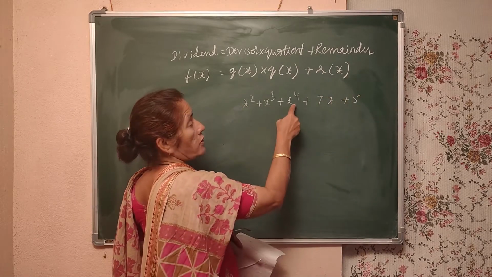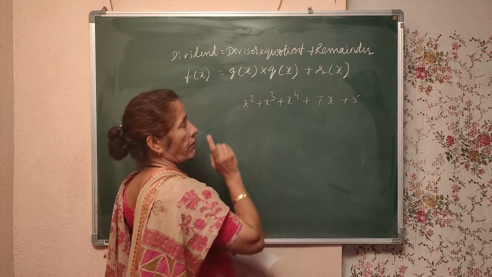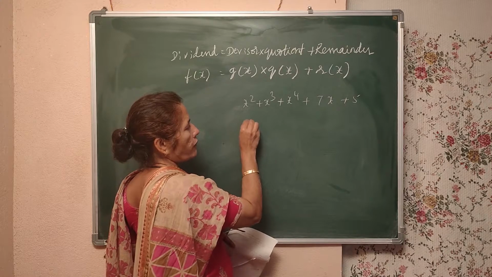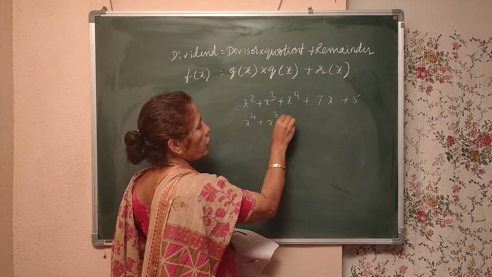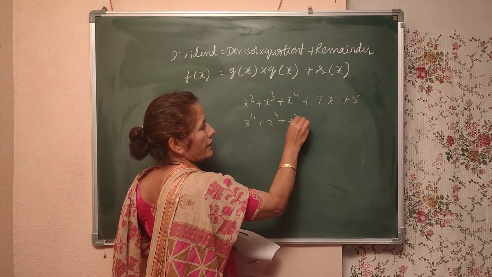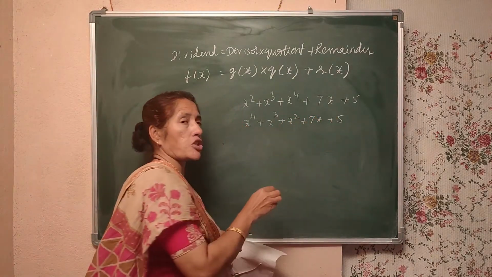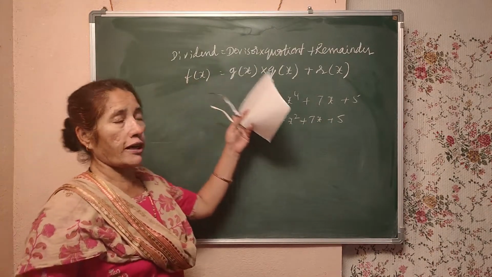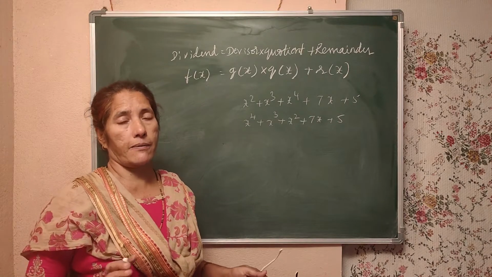First you have to put x to the power of 4, then x cube, then x square, then x, then the constant. Like that you have to arrange either dividend or divisor. Then the division will be done correctly.